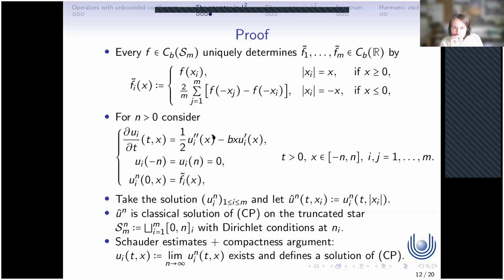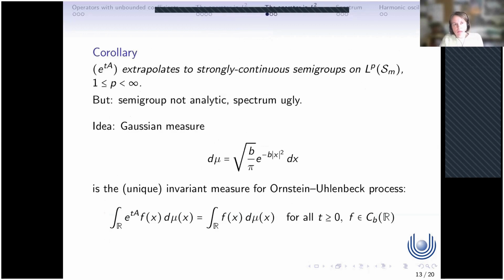Basically, you can then let the length of the interval go to infinity, and by classical methods based on Schauder estimates, you can show that you converge. But the point is how to do this. When you have these M intervals, you use the solutions and patch them together to get the solution on a truncated star, and then on this star you go to the limit. This is a bit technical, but everything works fine. So we could prove well-posedness in CB.